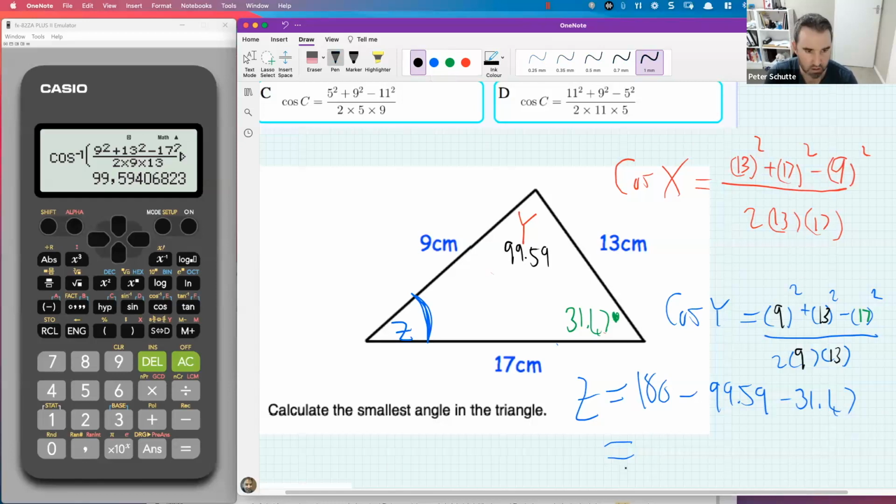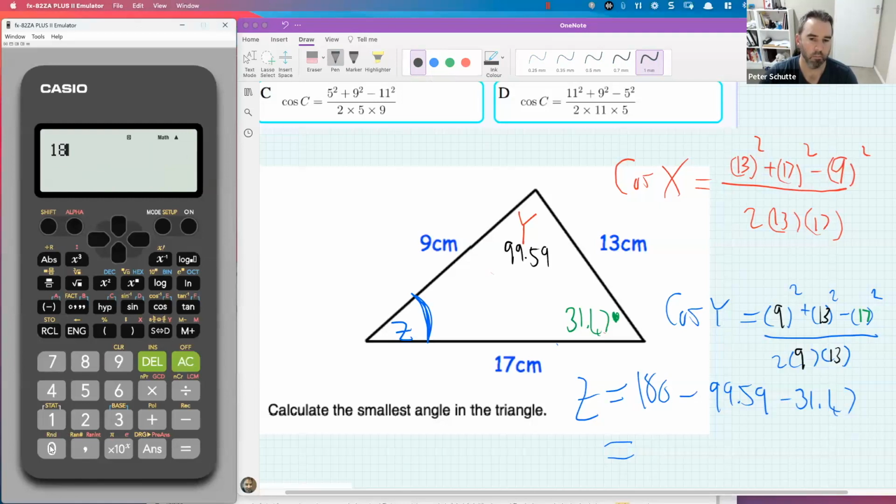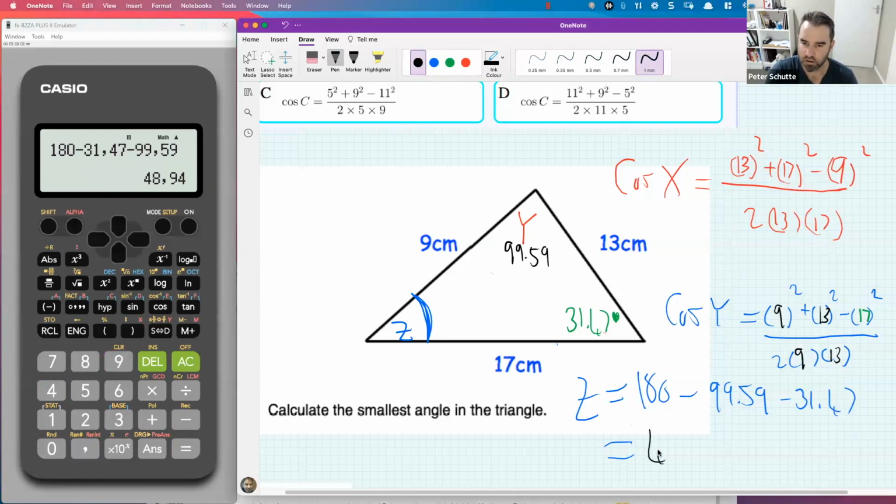So I get 180 minus 31.47 minus 99.59. I hit the SD button to make it easier for me, and I get 48.94. So that's this angle here.